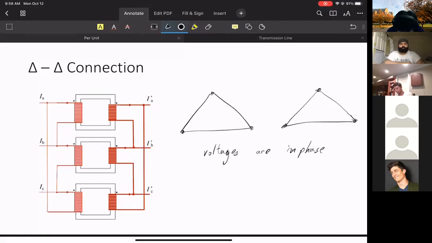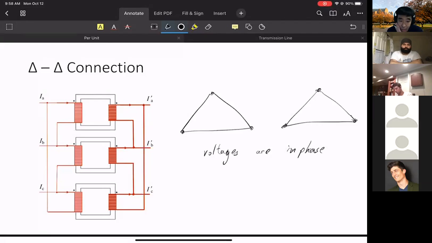There's no phase change between the primary and secondary. So again it operates like a normal single phase transformer, except with some factor of √3 in front of it. So this is the same as single phase.